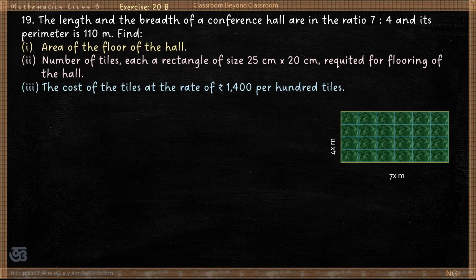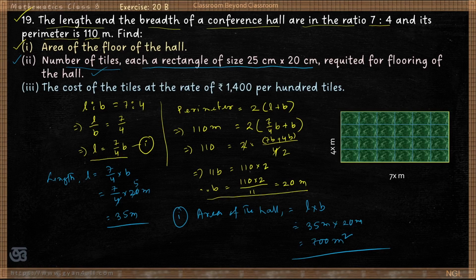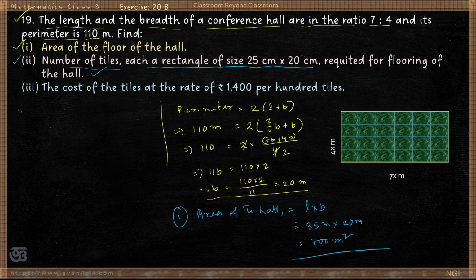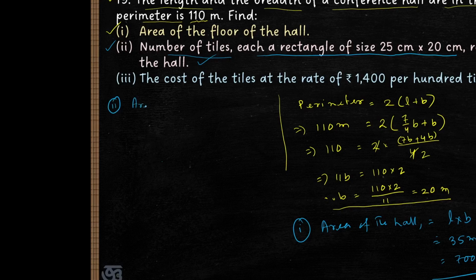So first let us find the area of the tile. So this is number 2. First you find out the area of one tile, which is equal to 25 centimeters multiplied by 20 centimeters.